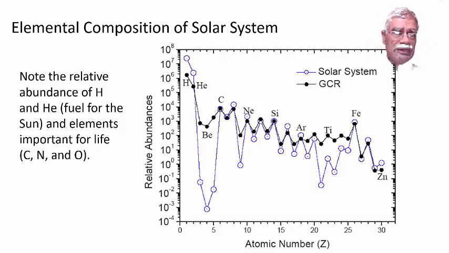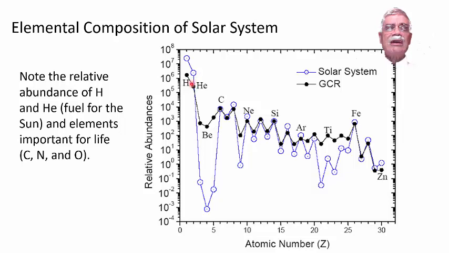But also most of the elements in our solar system and in the universe, for that matter, are hydrogen and helium. Now, note that the axis that we're showing here are powers of 10. So there will be approximately 10 times as much hydrogen as there is helium.